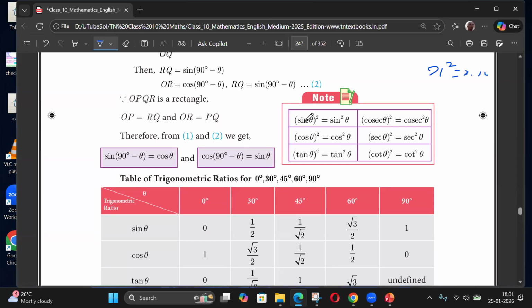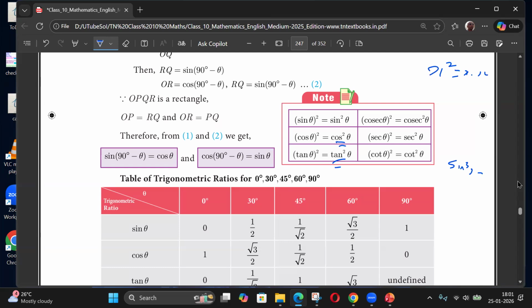Similarly, the correct way of representing is sine theta, but this is much simpler because you don't need this bracket. So they have put sine square theta, that means sine theta into sine theta. That is true for all of these. Similarly, sine cube theta means sine into sine into sine.